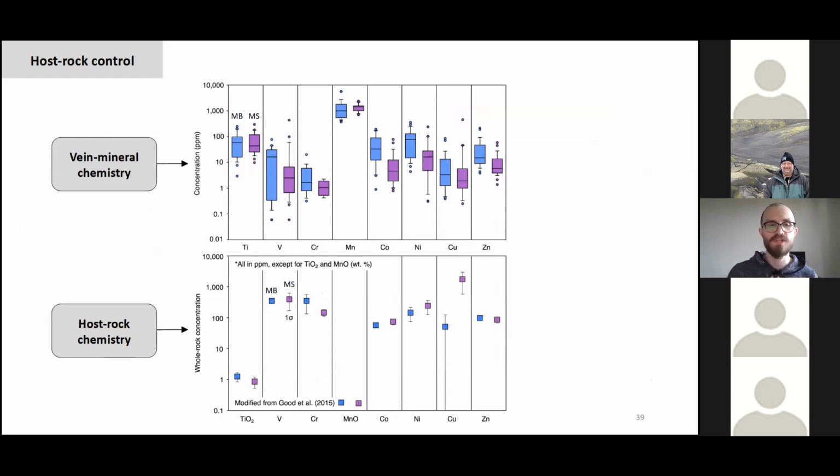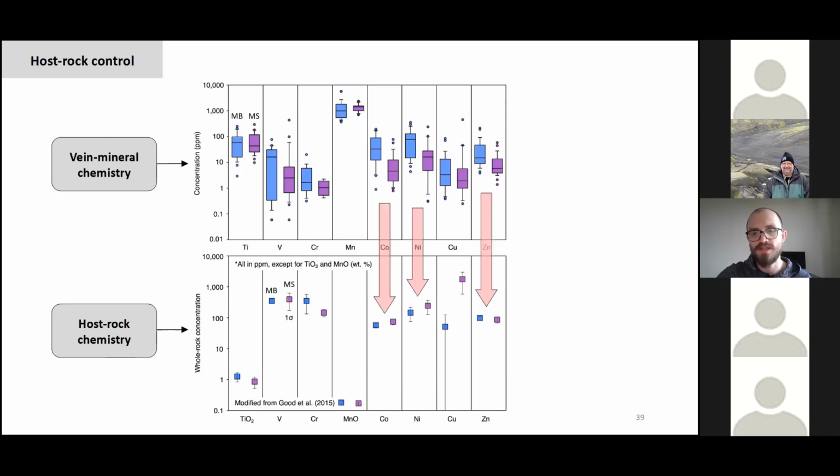Now looking first just at the composition of veins, we can see that cobalt, nickel, and zinc exhibit a difference in concentration between those veins hosted in metabasalt and Marathon series. And so if this difference is controlled by the composition of the host rock, then we should see this difference in concentration mimicked in the whole rock chemistry.